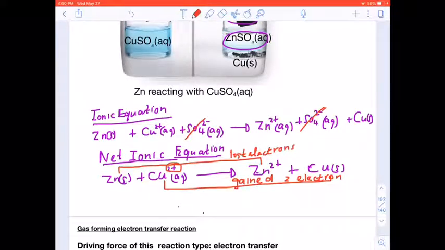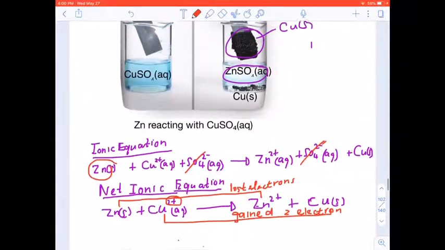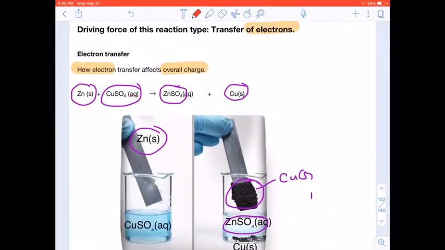Here you can see that zinc is neutral. Let's go further up. Here, zinc is neutral, it has no charge, so I'll reflect it as 0. And here, because it's an ionic substance, zinc is 2 plus. So we know that the zinc has lost electrons.